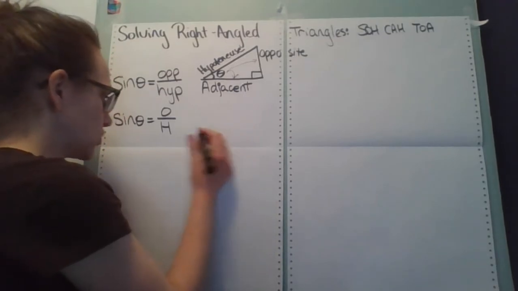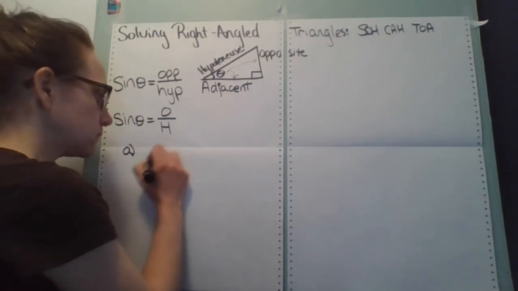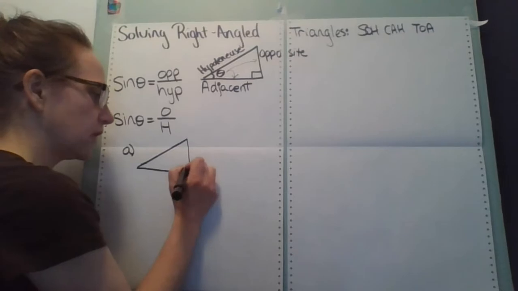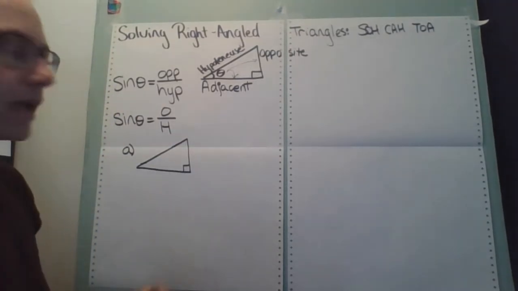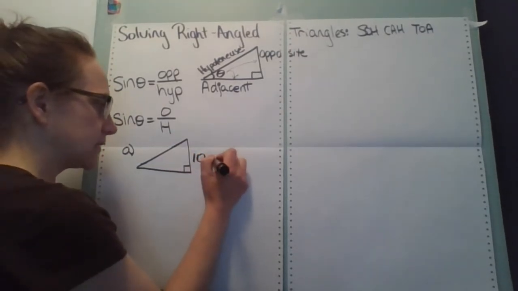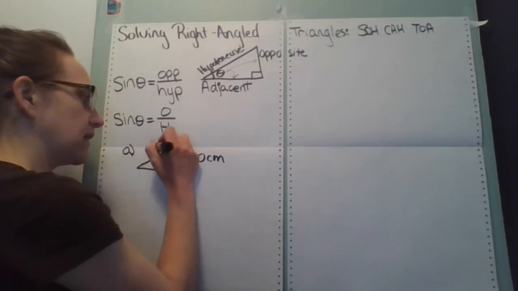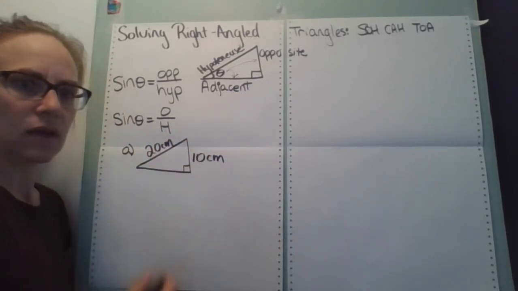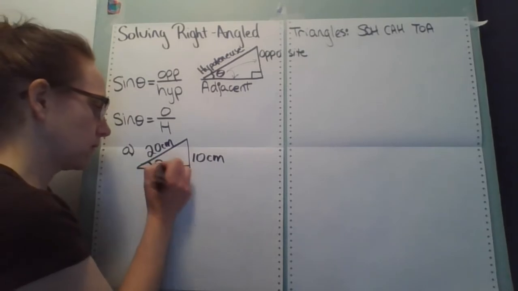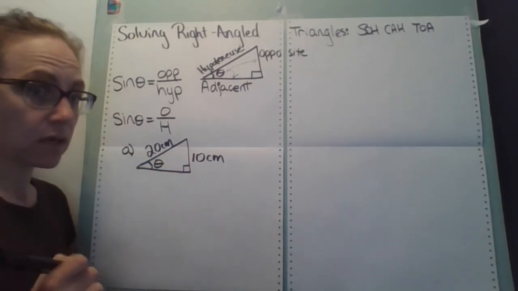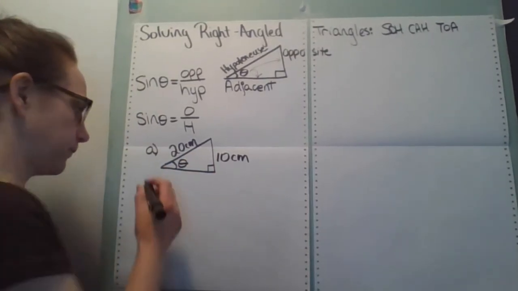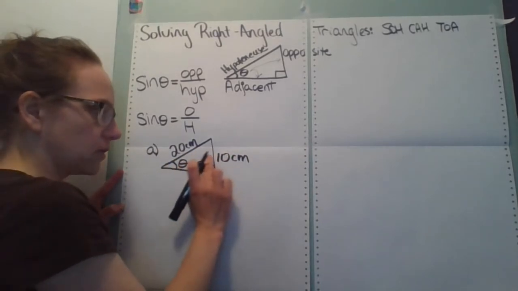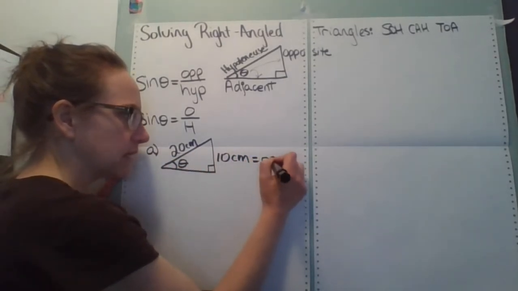So let's say I have a triangle. So there's my lovely triangle. And let's say this side has a length of 10. This side has a length of 20. What's my angle in here? Okay, so we can solve for that. This is all the way over here, so this is my opposite.